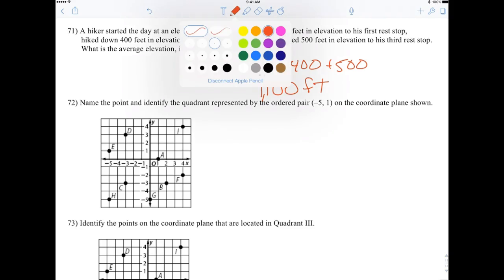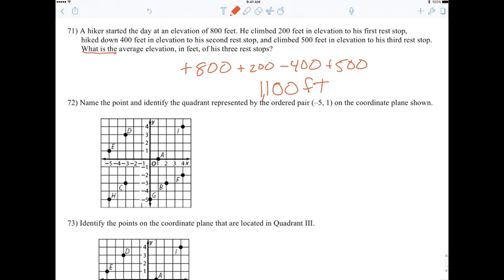I want you to cross out what is his average elevation. I want you to put down what is his final elevation. Is everybody okay with that? What's his final elevation? 1100 feet.